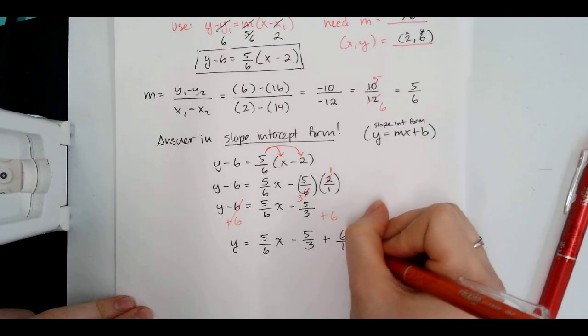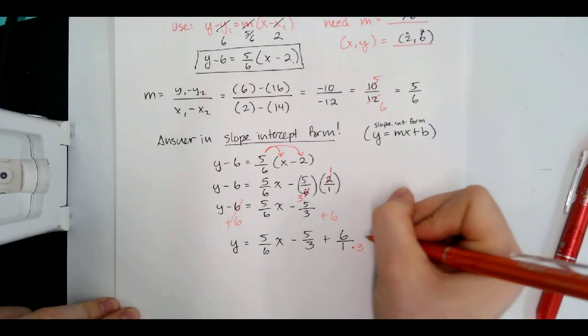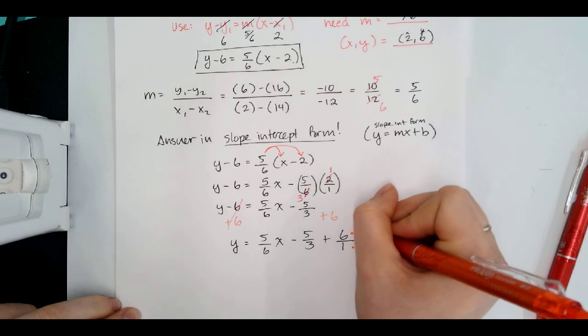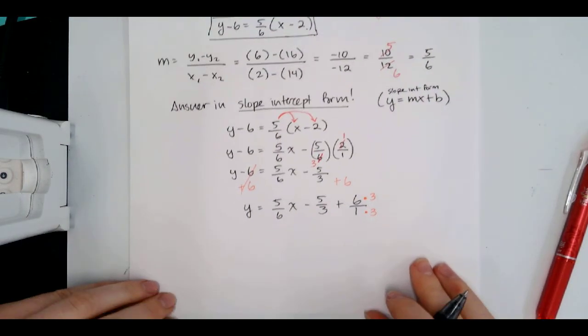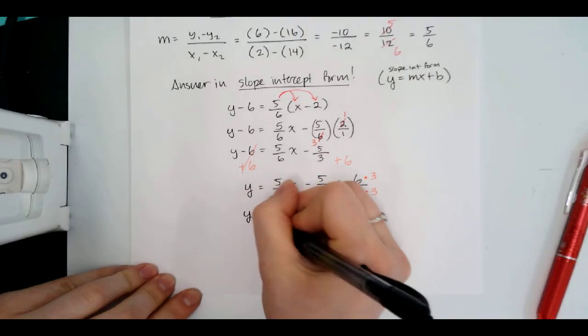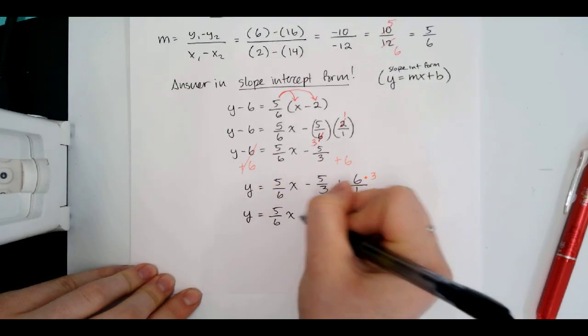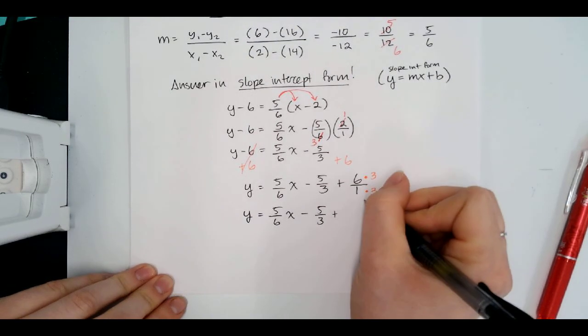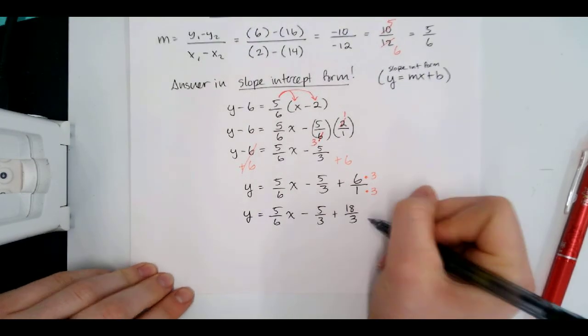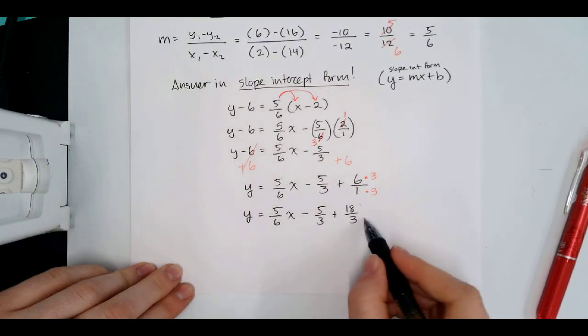So let's do the building up property. Multiply the bottom by 3. And when I do that, I need to multiply the top by 3. Got to balance it out. So y equals 5 over 6x minus 5 over 3 plus 6 times 3, 18 over 3. So let's add these two fractions.